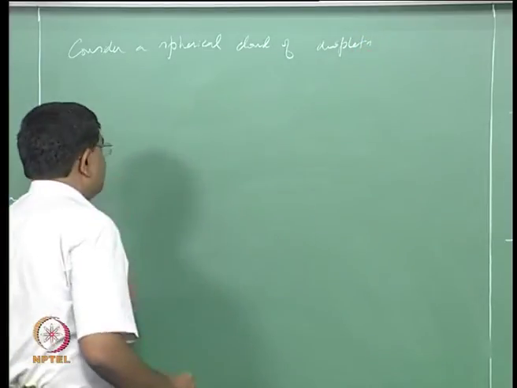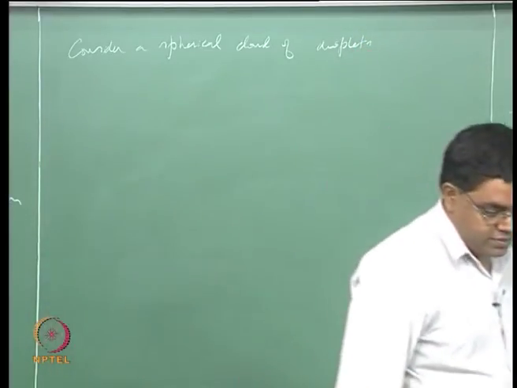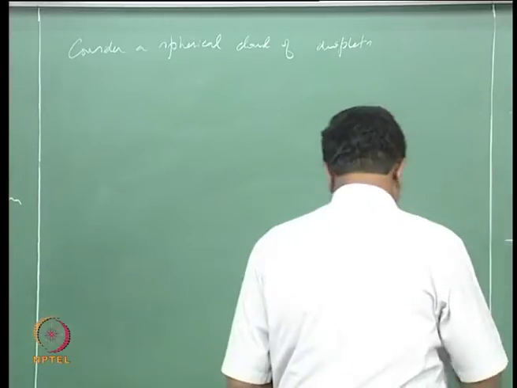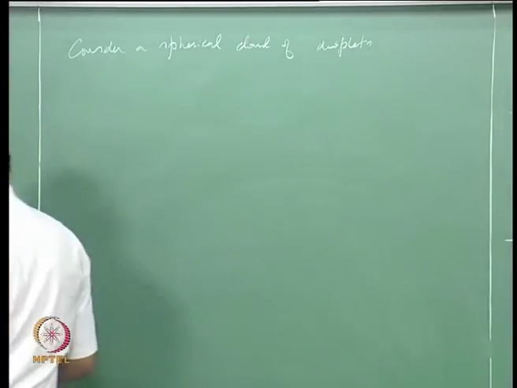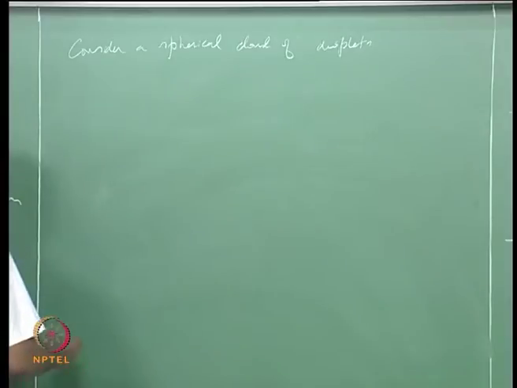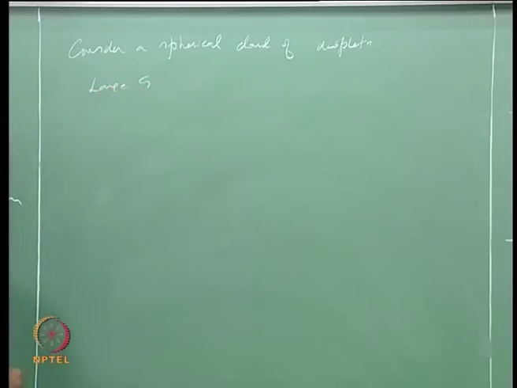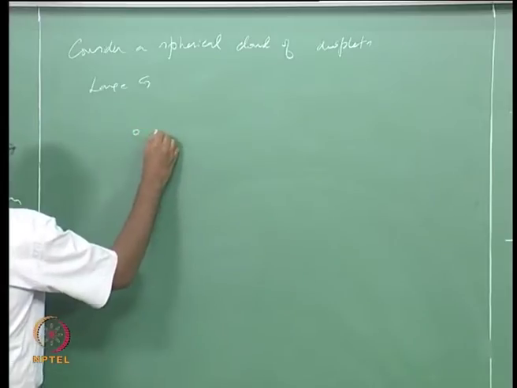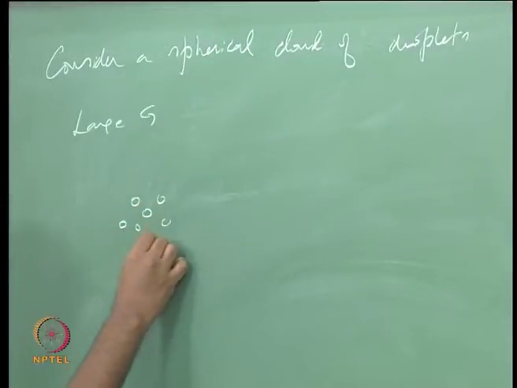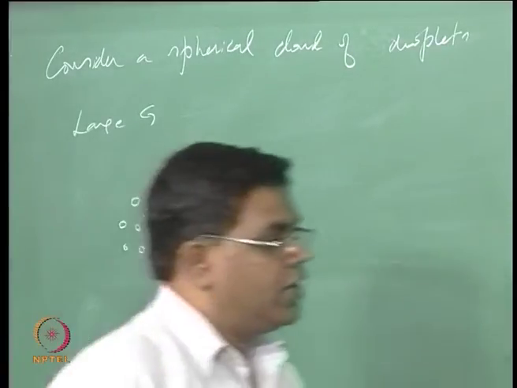Can we have a large G situation where we are looking at group combustion, which means you have lots of droplets in the core, and they are non-evaporating.